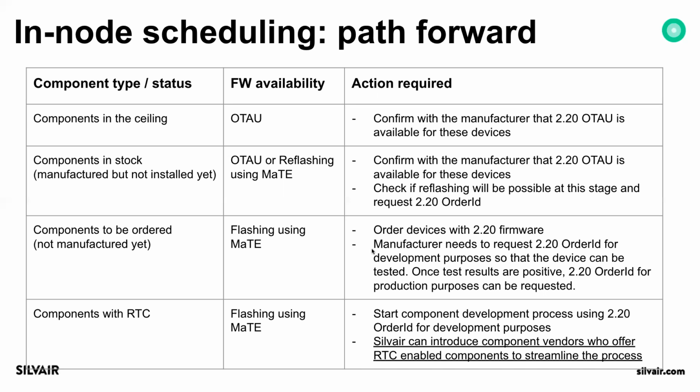The third option: if you plan to issue any POs, or you issued some POs but haven't received them, and they are not manufactured or flashed yet, please keep in mind that you might request them specifically with firmware version 2.20, which means you can get in-node scheduling right away with these devices.